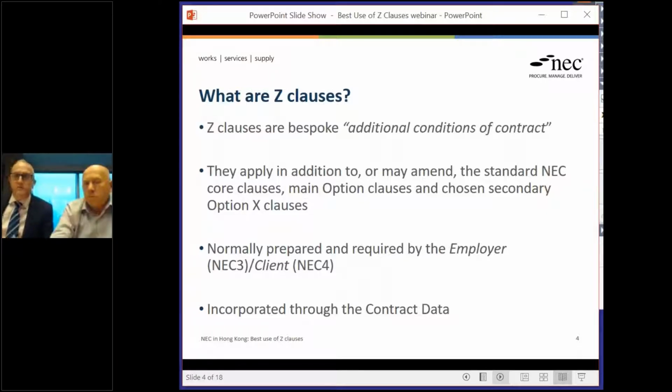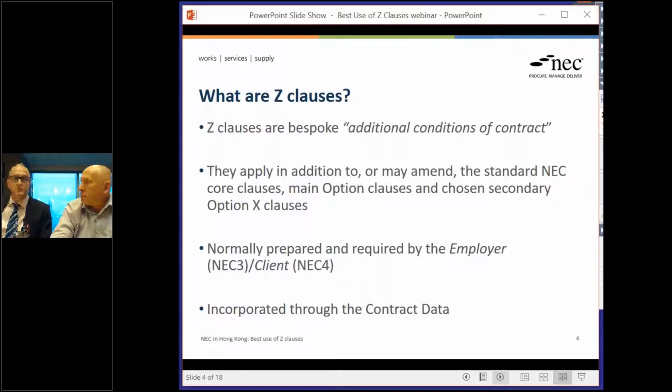It's very similar to the position on other standard forms of contract that people may be familiar with, where you will often see amendments and additional conditions added on to those standard forms. It's really the same concept here, but what I think NEC have done very well is that they've anticipated the fact that people will, for various reasons, seek to add to or amend the contracts, and they provide mechanisms to incorporate Z clauses and additions through the contract data.